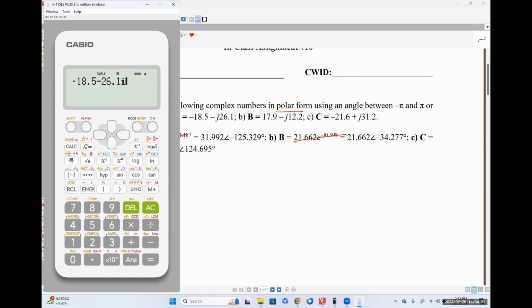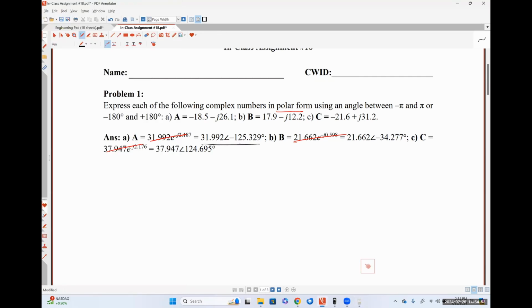And earlier we set this calculator to give us the answer in polar form by default. So if I just press equal, I get 31.99156, so 31.992 with an angle of negative 125.329, or the exact answer that I was looking for, right? So nothing wild or crazy there.